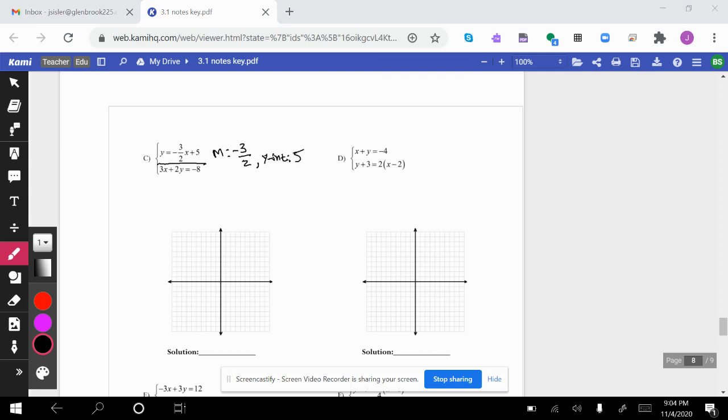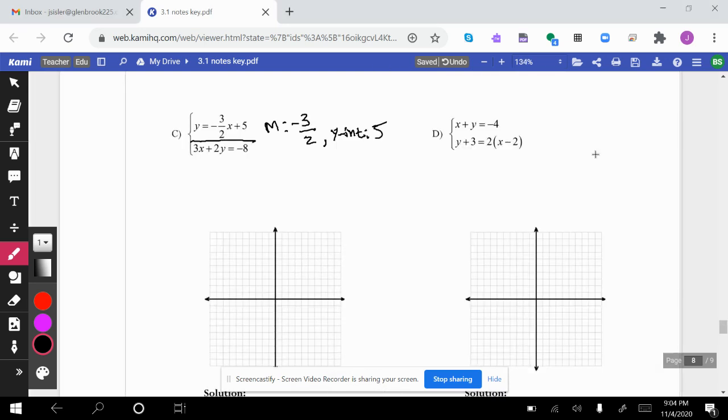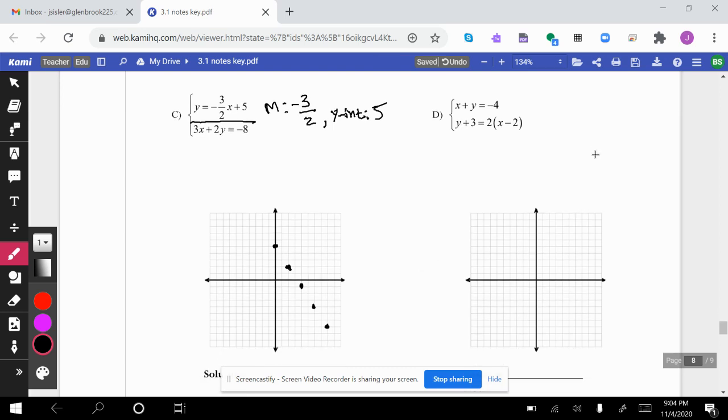So I'm going to go 1, 2, 3, 4, 5, and then I'm just going to walk my slope of -3/2, down 3 over 2, down 3 over 2, and I think I can do one more.